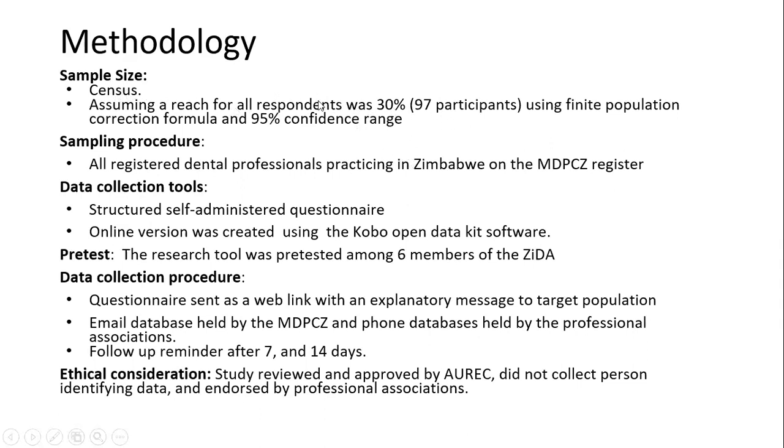Our minimum number of respondents was calculated at 97. I think I won't go too much into these details, but we used a self-administered questionnaire and distributed an online version of the questionnaire. And I think all the other ethical aspects were fully covered there.